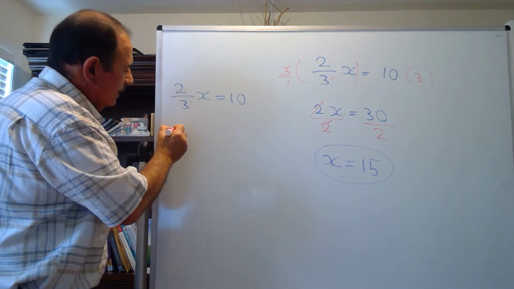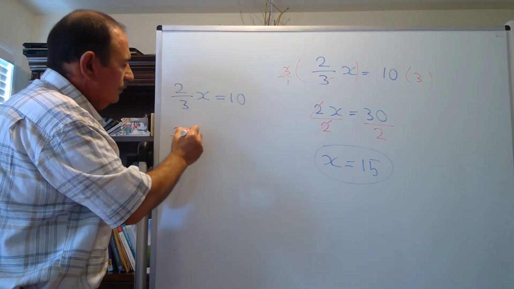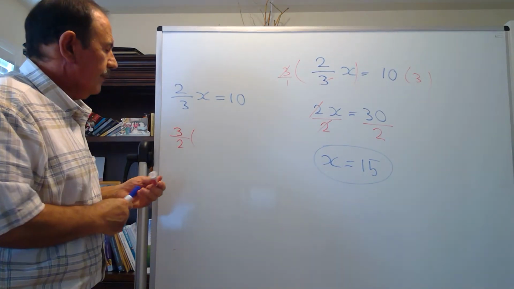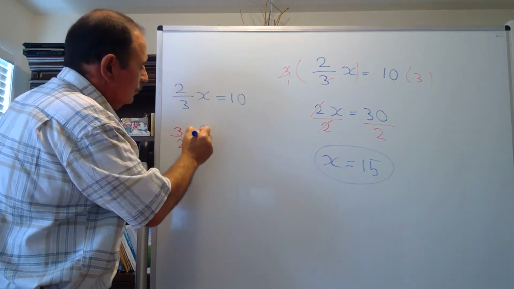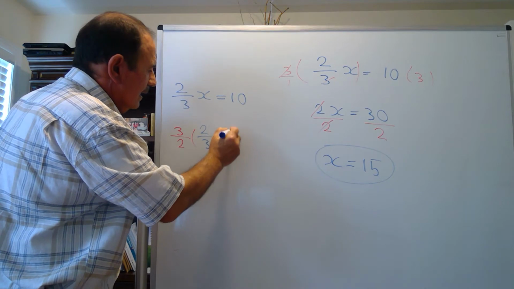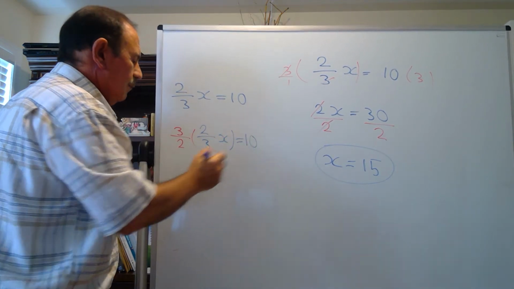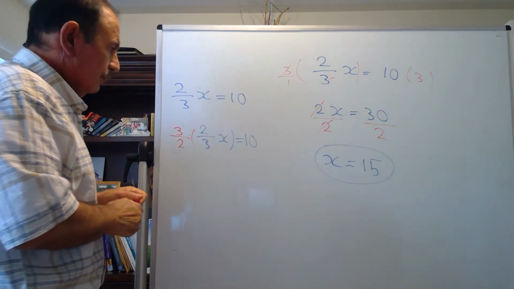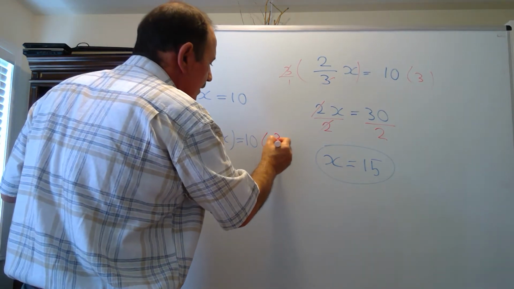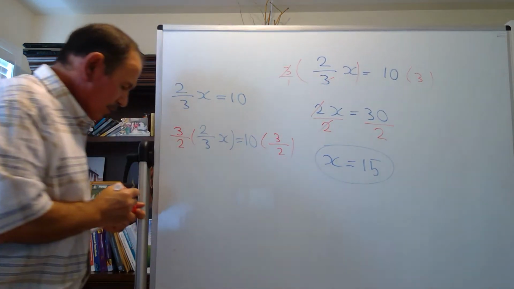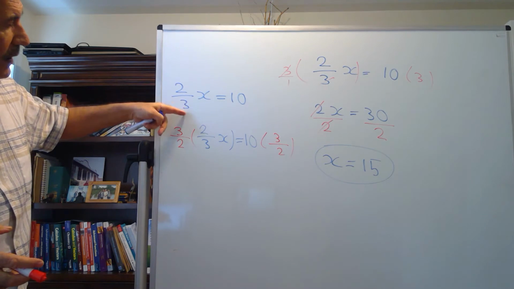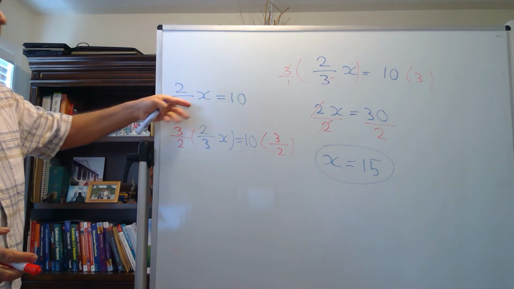So I multiply 2 over 3 x equal 10 by 3 over 2. I multiply both sides by the reciprocal of the coefficient of x.